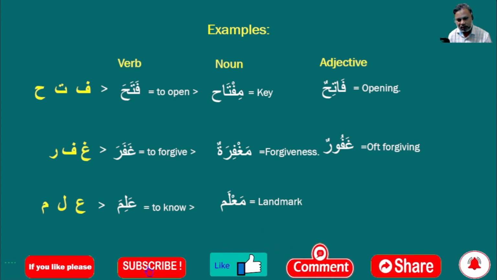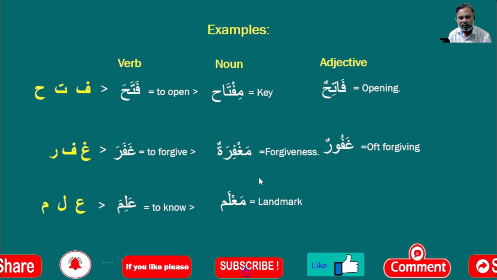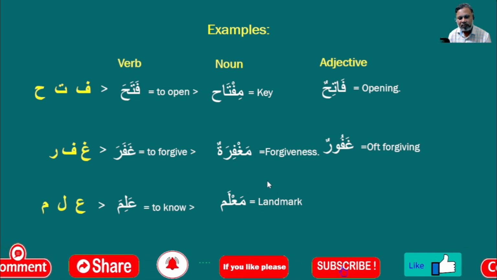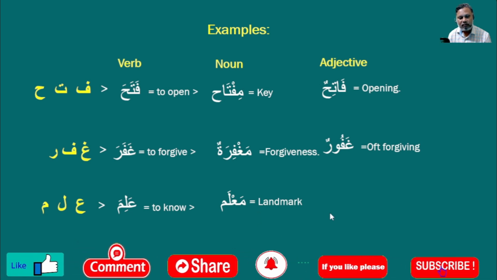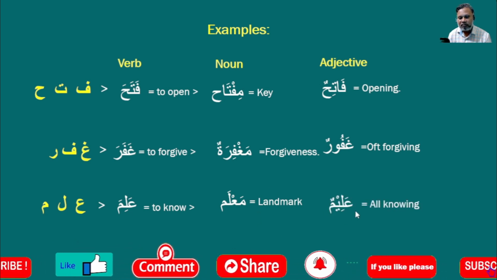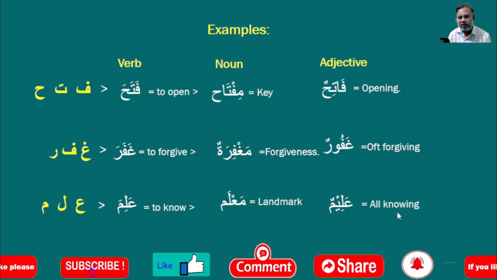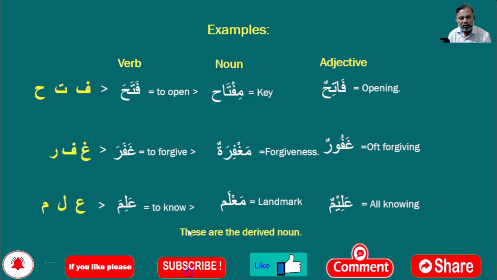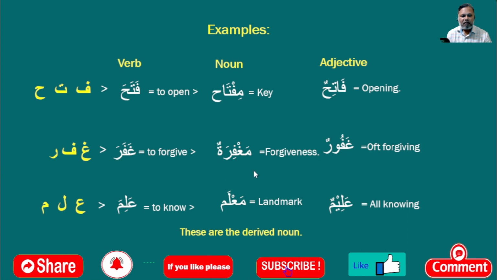A landmark is a very reputed and well-known place from where people can understand something. So this is the noun. And the adjective from these three root letters is alimun. Alimun means all-knowing. These are the derived noun and adjective examples.